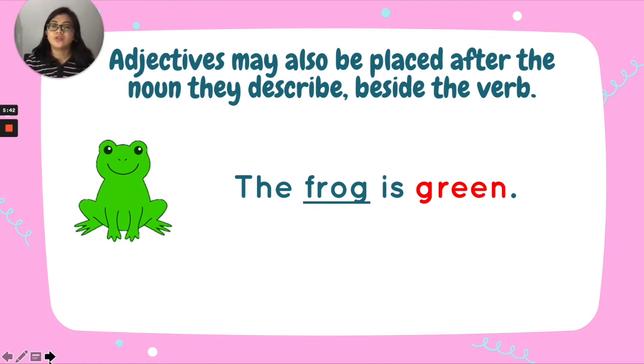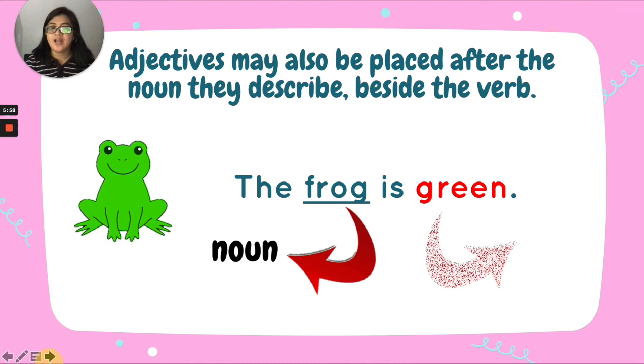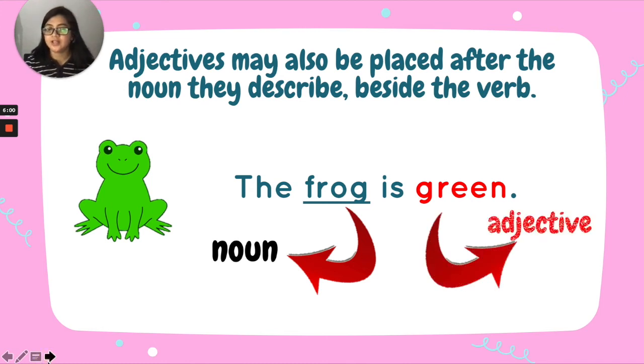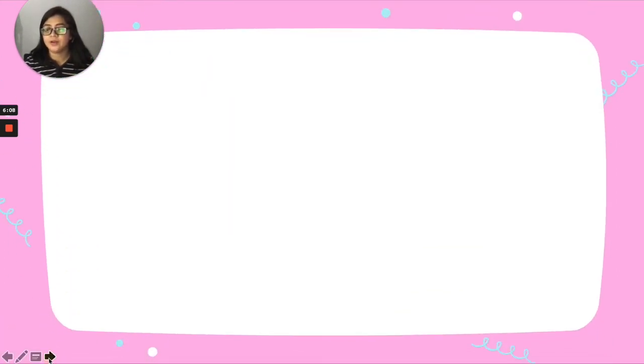The words that we consider as linking verbs are is and are. So beside the linking verb is your adjective. The frog is green. Your frog is your noun, and green is your adjective. You still describe the noun, but in between the noun and the adjective is the linking verb.